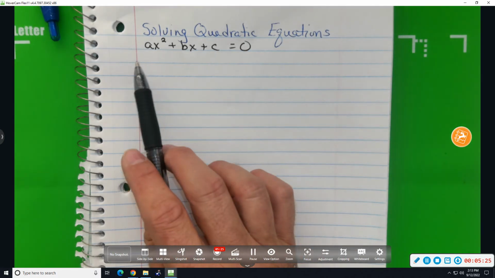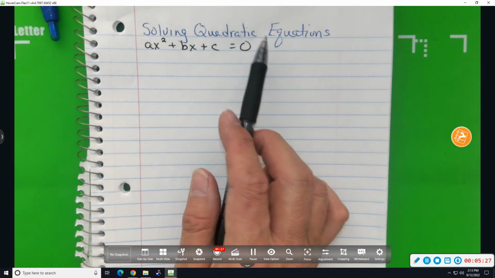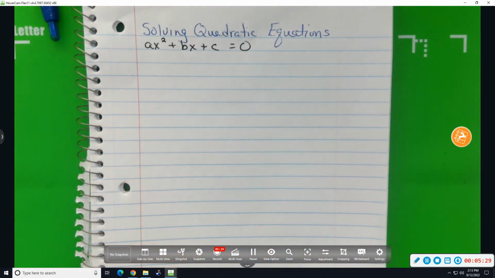We're going to see three methods for solving quadratic equations in this lesson. The first one we've already done, the factoring method. A word of note, or a little something I prefer.